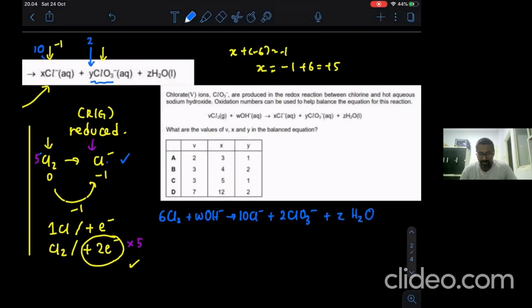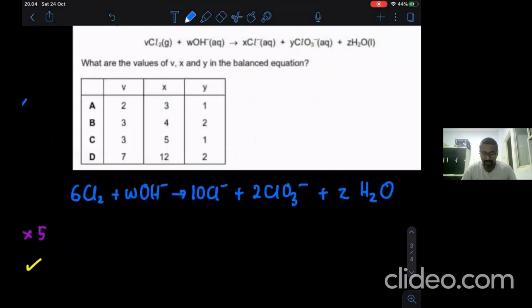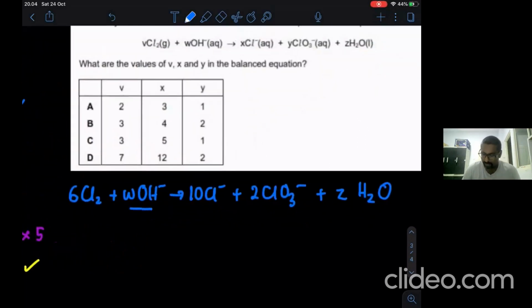So we just need to figure out the OH minus and the H2O, but for the rest, the charges have been balanced.